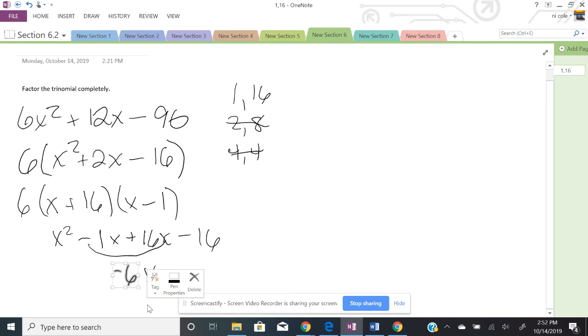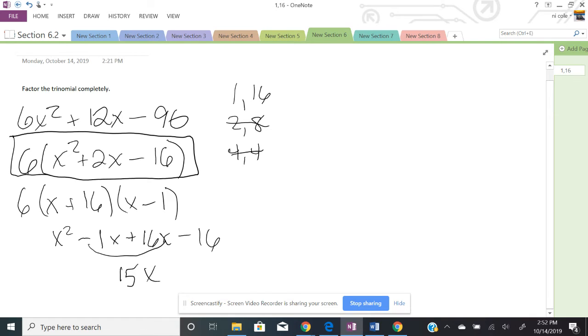And when I sum those up, that gives me 15x, which is not my 2x either. So this becomes my solution. This is not prime because you did factor out the greatest common factor. So if you can factor out the greatest common factor, the problem is not prime. This is a factor. Sometimes you don't get those little pods, the smaller pods. That's okay.